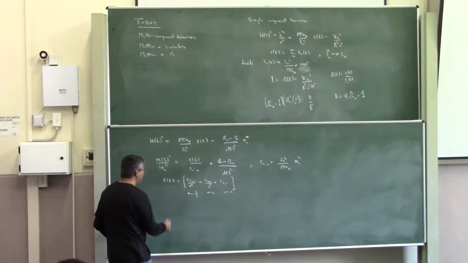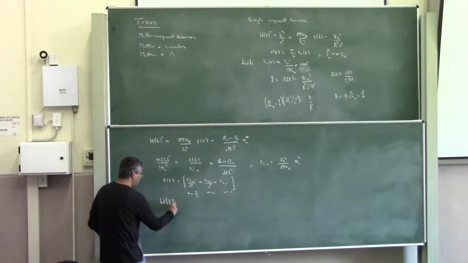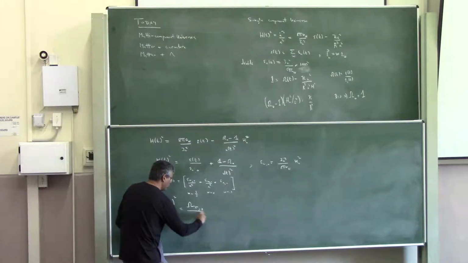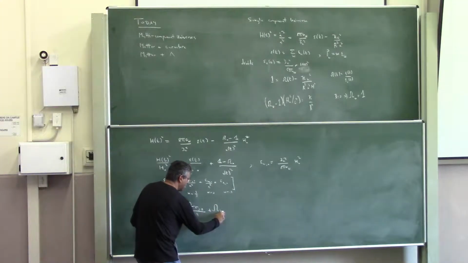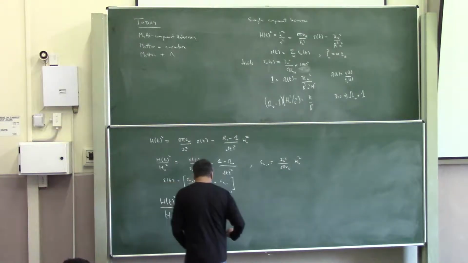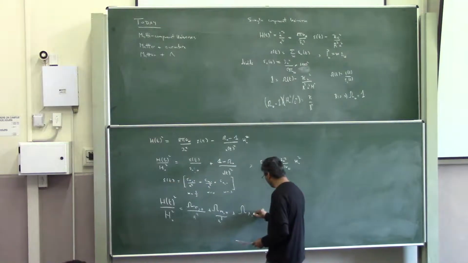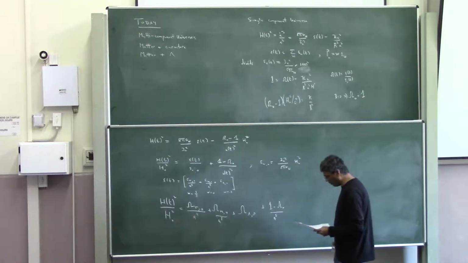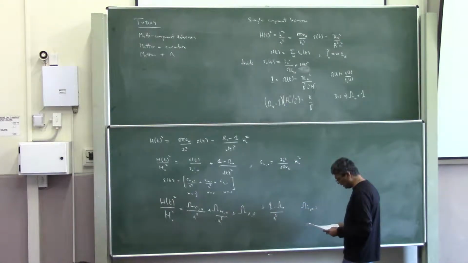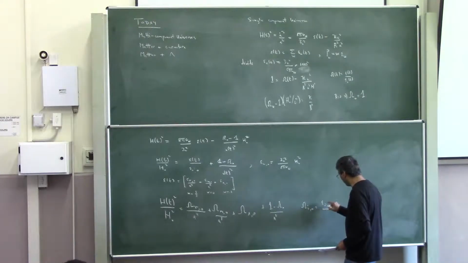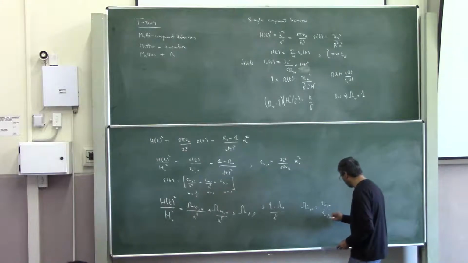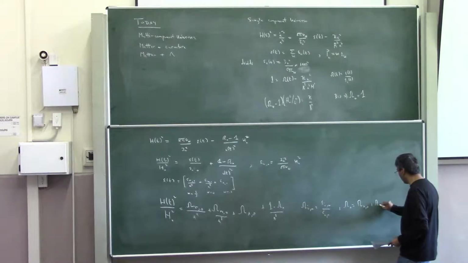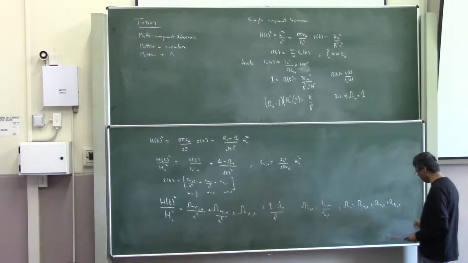Plugging this in, we can rewrite H(t) squared over H0 squared as omega r0 over a to the fourth, plus omega m0 over a cubed, plus omega lambda 0, plus (1 minus omega 0) over a squared, where omega i0 is epsilon i0 over epsilon c0, and omega 0 is the sum: omega radiation 0 plus omega matter 0 plus omega lambda 0.